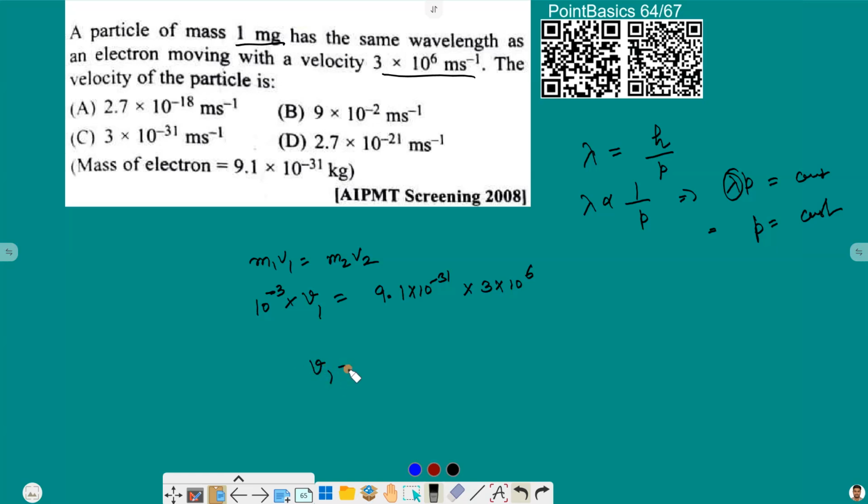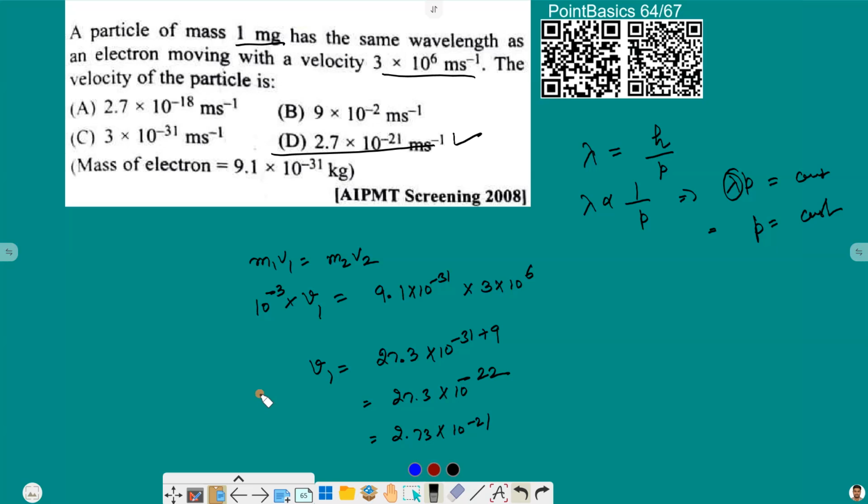So from this v1 comes out to be, this goes into the denominator, minus 3 goes up and becomes positive. So that is 27.3 × 10^-31+9, and that will be 27.3 × 10^-22, and that will be 2.73 × 10^-21. That is option D for us.